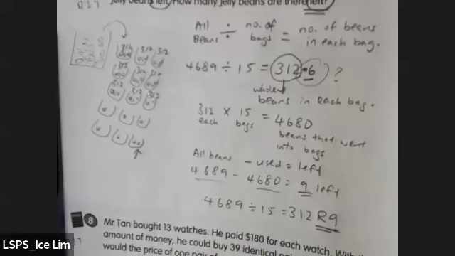Now this is a little bit challenging. And when you go to Primary 6, you'll meet this kind of question again. And when you are doing fractions, it gets more complicated. But hopefully by then you'll be more confident.